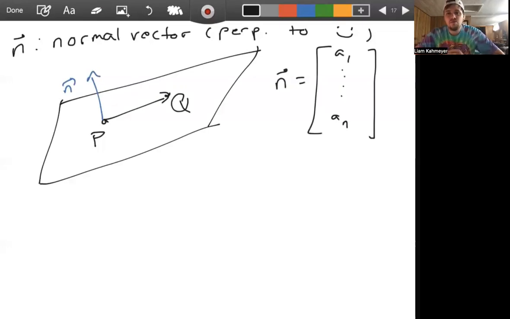Now, can we use this to realize this restriction on Q, that these points need to be in the plane?